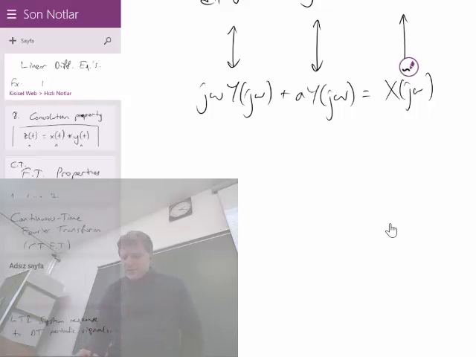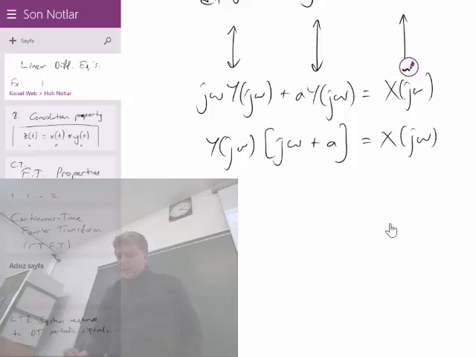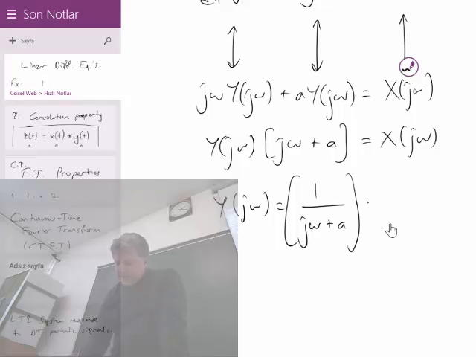What I mean is this: (jω + a) Y(jω) is equal to X(jω). Now we can write it like this: Y(jω) is equal to 1 over (jω + a), in a big parenthesis, times X(jω).